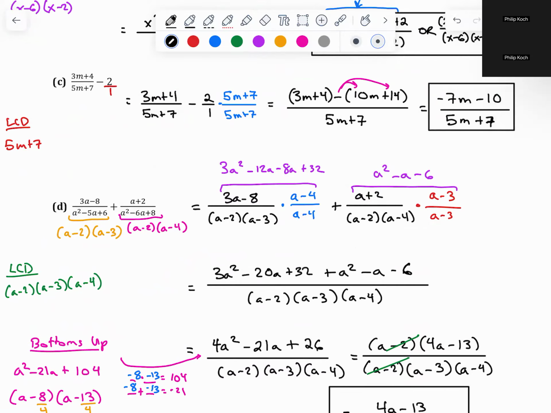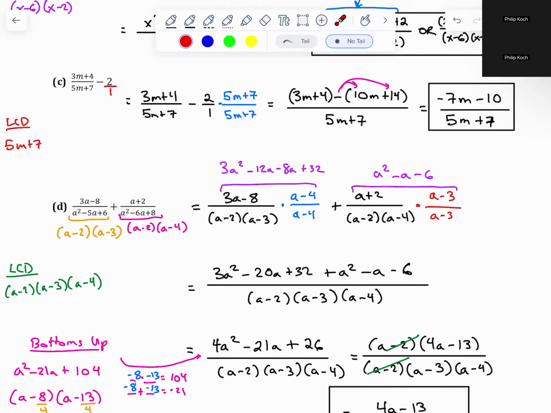Now, I've had plenty of students distribute the 2 and the minus sign right from the start, so that they'll treat this as a minus 2 and distribute that in, so they don't have to rewrite another step. That's fine too. Once you distribute the minus sign, you get minus 7n minus 10 over 5n plus 7. And minus 7n minus 10 has no common factors. Sure, you could factor out a minus 1, but it wouldn't really do anything. So that's all you need to do.